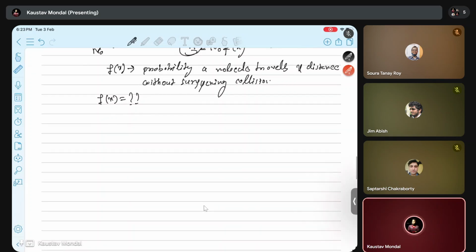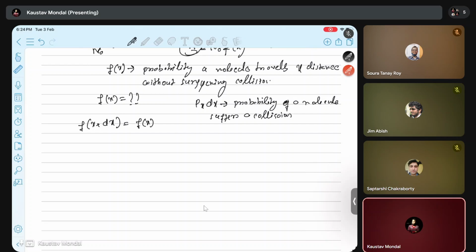So we can write f(x+dx). Before that, let's define P(x)dx. P(x)dx is basically the probability of a molecule suffering a collision in x to x plus dx.